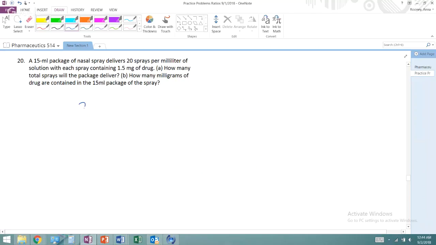So it delivers 20 sprays per 1 milliliter, and there is 1.5 milligram per 1 spray. So how many total sprays will the package deliver? We're going to multiply this by 15 because we have 15 mLs.